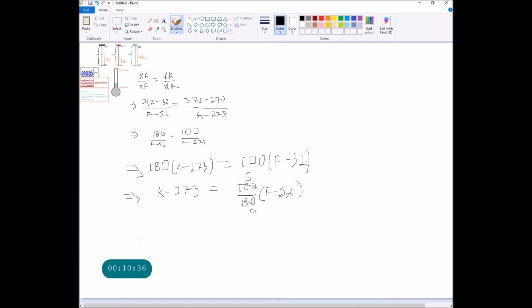Then we take this 273 to the other side, and this minus becomes plus, so we get the relation as Kelvin is equal to 5 by 9 into Fahrenheit minus 32, whole, plus 273.